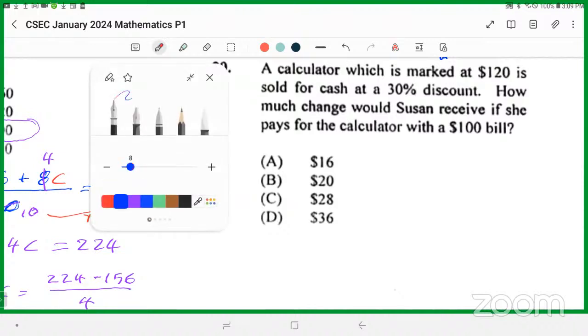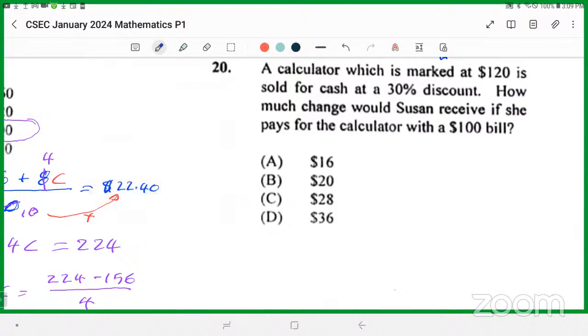Well, first thing you have to realize is that the 30% is the discount. So if the 30% is the discount, then you're supposed to pay 70% of the $120.